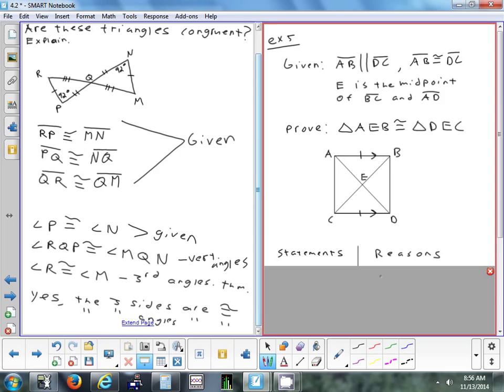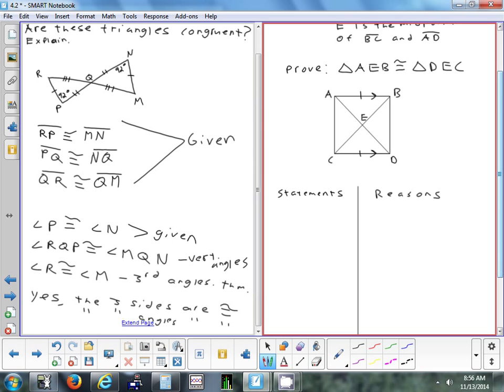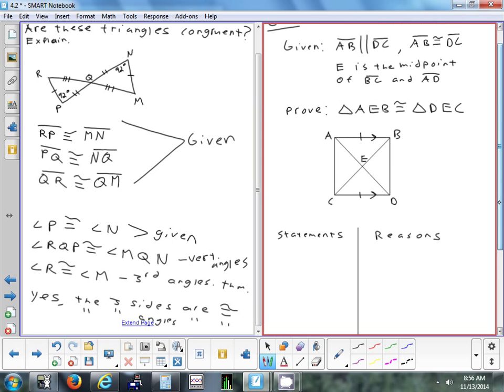Okay, so I want you to prove triangle AEB and triangle DEC are congruent. So you need to show 6 things. Show that your sides match up, and show that all of your angles match up. Let's start with the sides. The first thing I'm going to do is write down some of the information that was given.